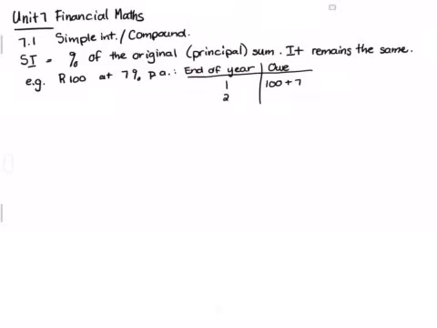End of year 2, you owe the 100 plus the 7 from the previous year plus another 7. And it carries on like that. Even if it was year 10, it would be your original 100 plus then 10 of these 7 Rand interest. So the interest stays 7 Rand every year.